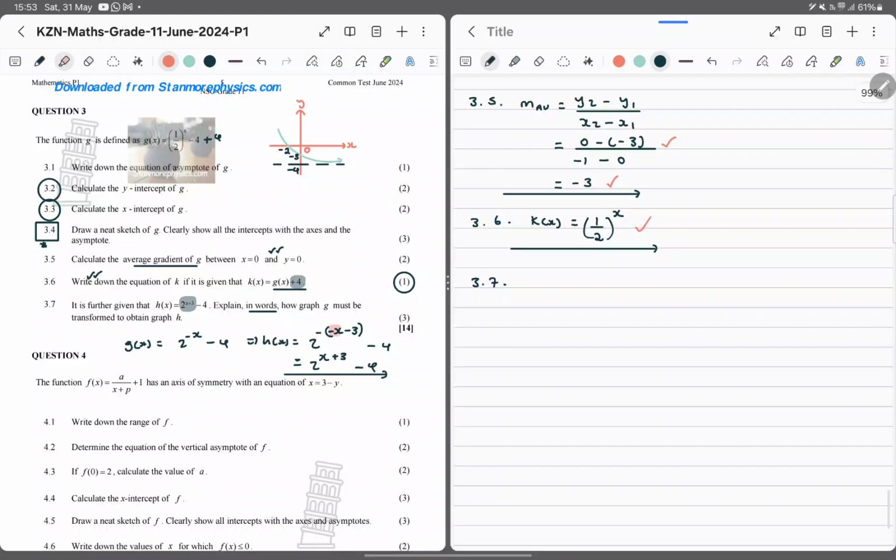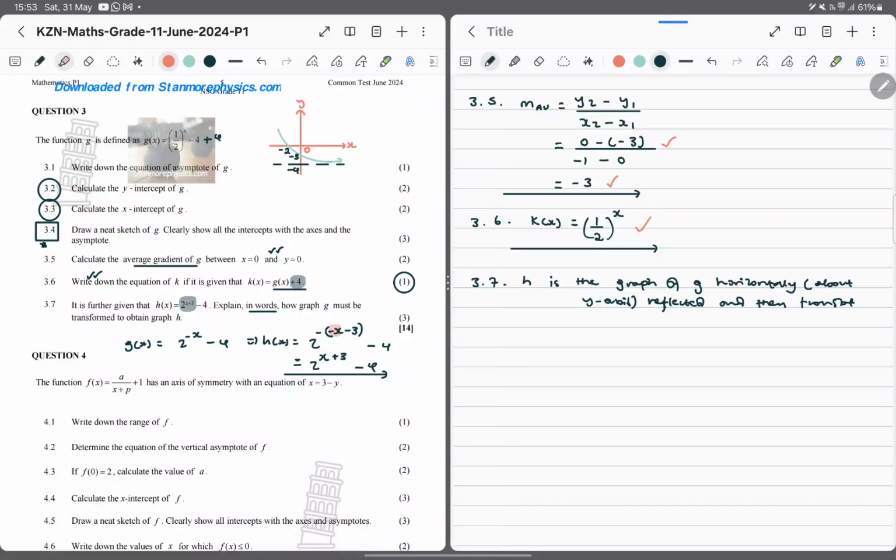Because here it's only the answer that's required, let's just write: h is the graph of g horizontally reflected, or we can say reflected about the y-axis, and then translated 3 units to the right.